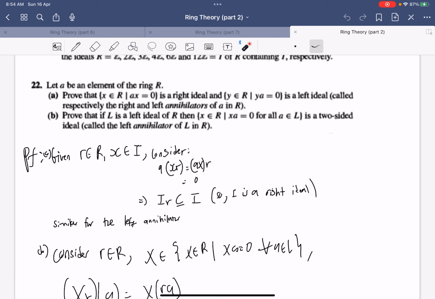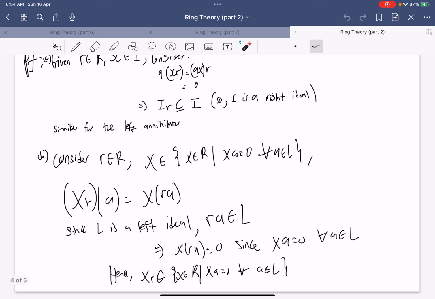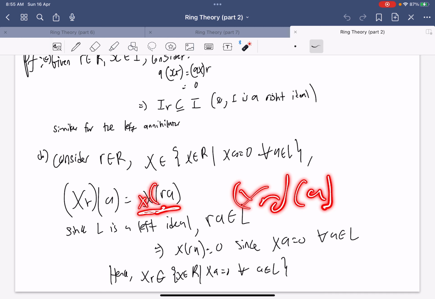And then we can prove that if L is a left ideal, then this set here is a two-sided ideal. Really, it's because if you take x to be an element of this, then x times r times a must equal x times (ra).